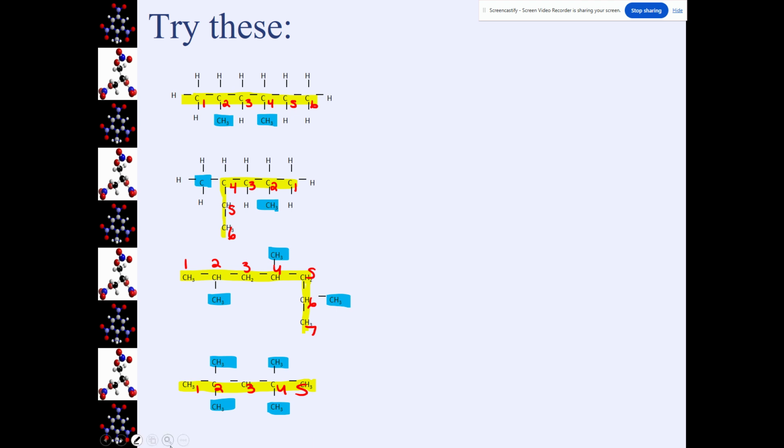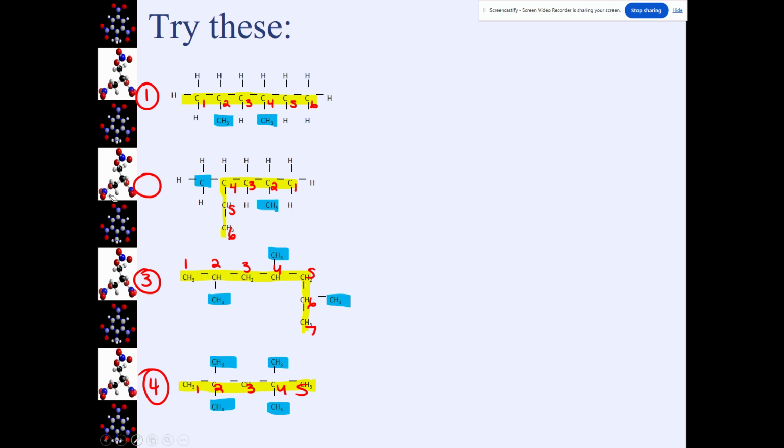Okay. So now to go through and name them. Notice how all of the branches in all of these compounds have just one carbon in them. So they're all methyl branches, okay? On the first one, we'll call this molecule 1, molecule 2, molecule 3, and molecule 4, okay?